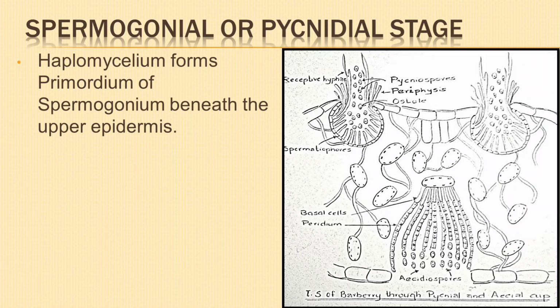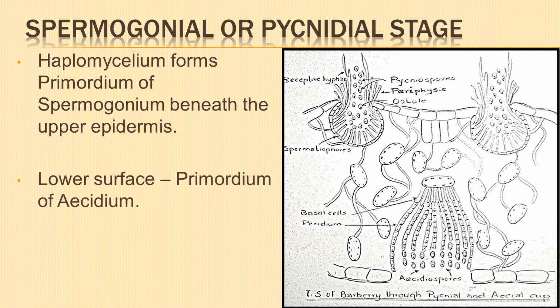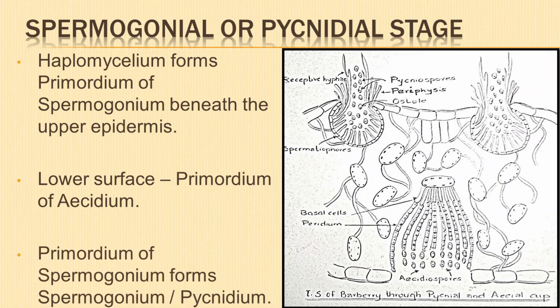Haplomycelium forms a dense mat beneath the upper epidermis and is known as primordium of spermagonium. On the lower surface are present primordium of aecidium. From the primordium of spermagonium arise a group of hyphae which form a flask-shaped structure called spermagonium or pycnidium.